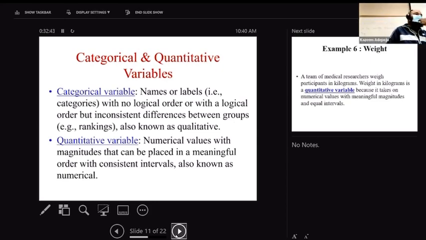When you look at a zip code, if my zip code is 55447 and another person's zip code is 55449, the difference between the numbers does not make sense. It's just for labeling. Therefore, the quantitative variable has numerical values.